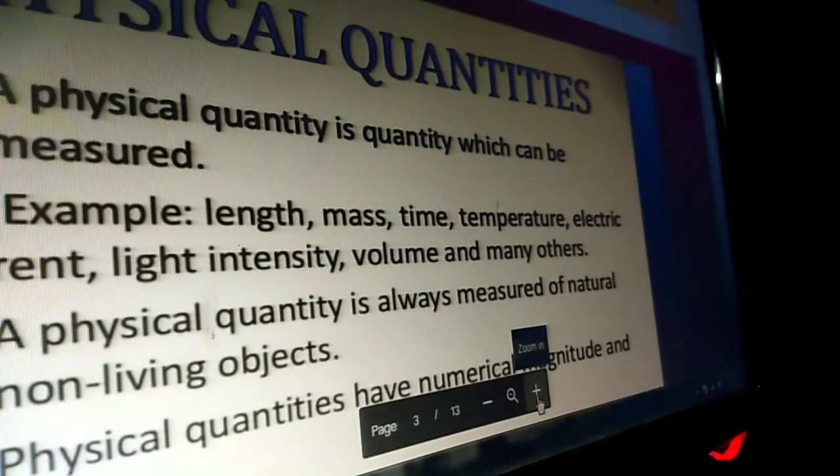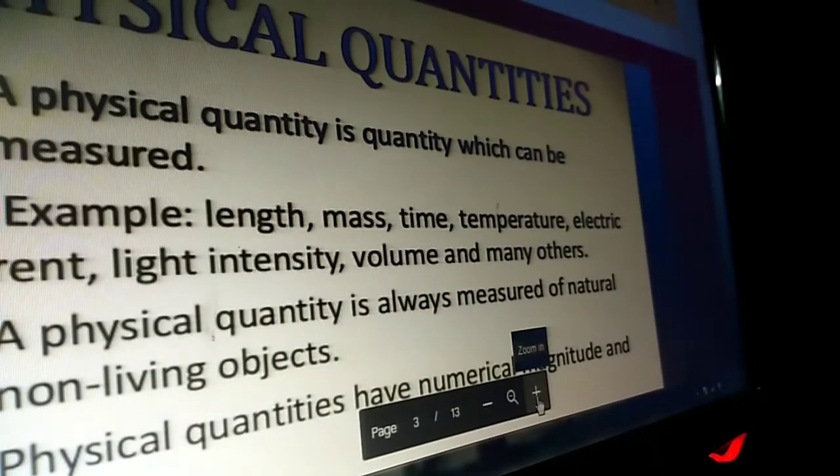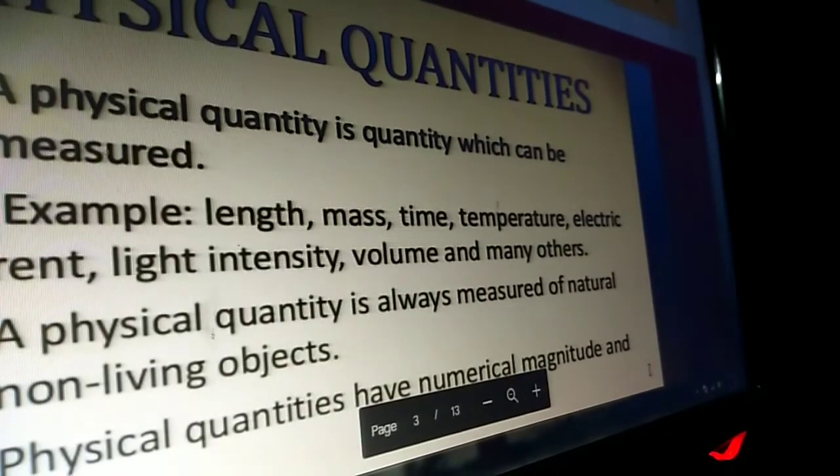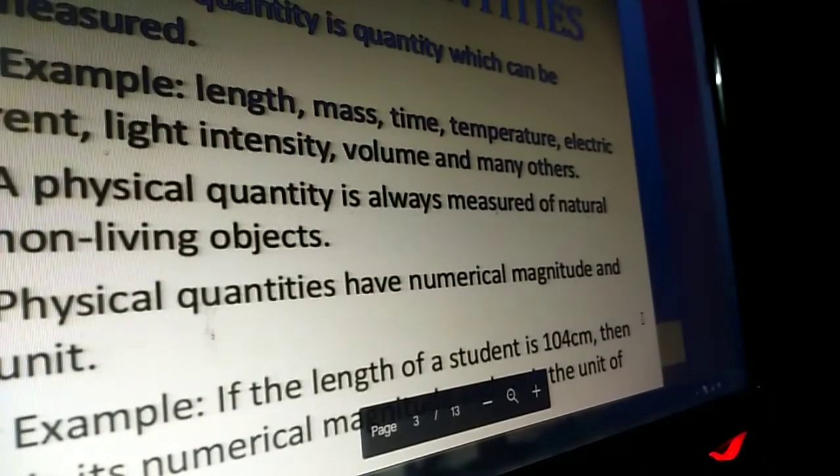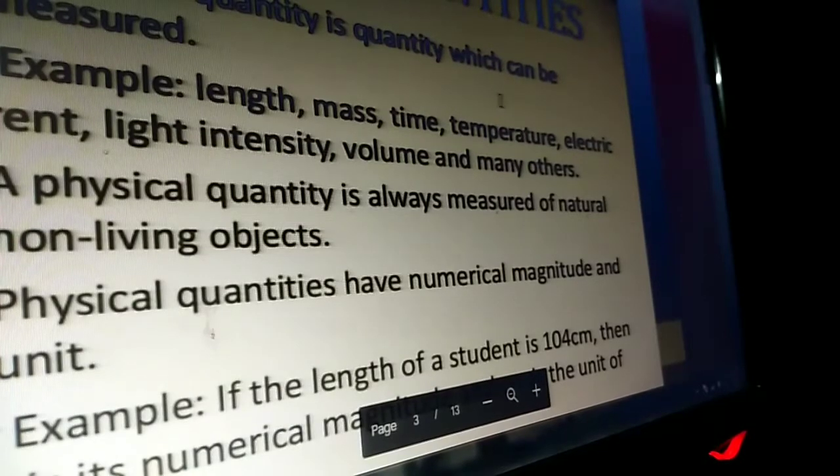So a physical quantity is usually a non-living thing only. Natural non-living objects possess two parts in them: one is a number, which is known as magnitude, and the other is a standard known quantity, which is called the unit. In the above, length, mass and time are called fundamental or basic physical quantities.